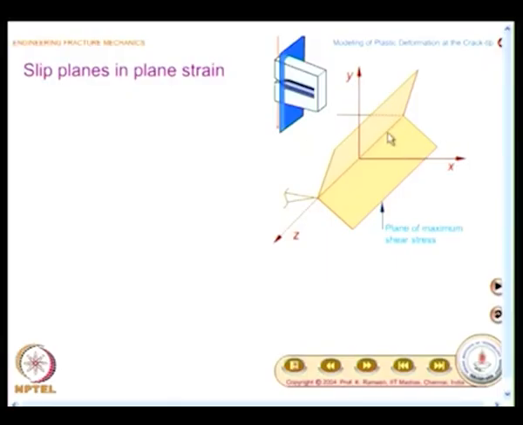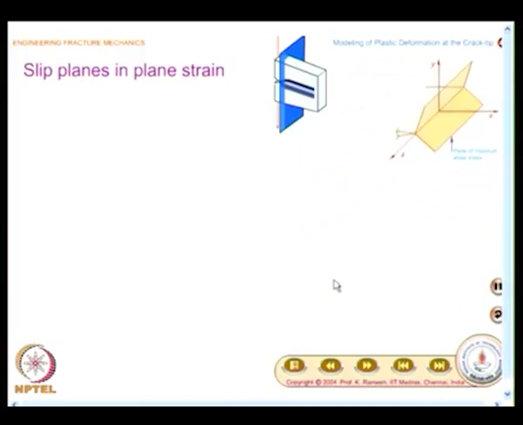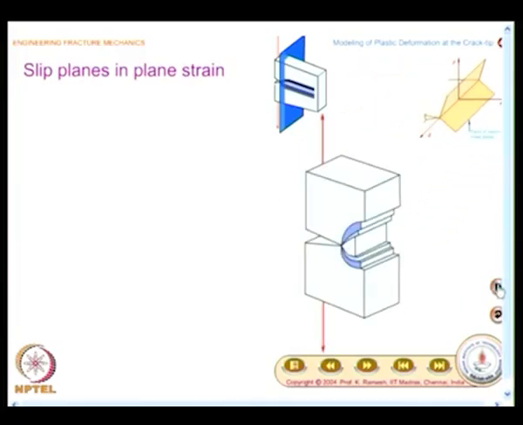So, initially it will propagate by tearing action, later on you will see a shear lip, and since you have the maximum shear stress plane oriented like this, you could also see how the slipping of planes happens in the case of a specimen.